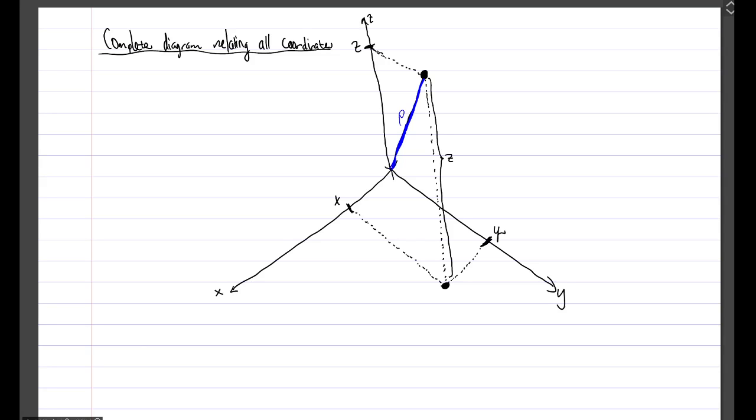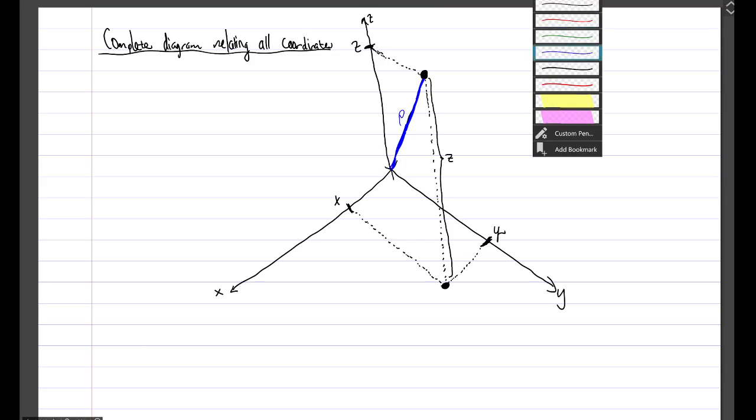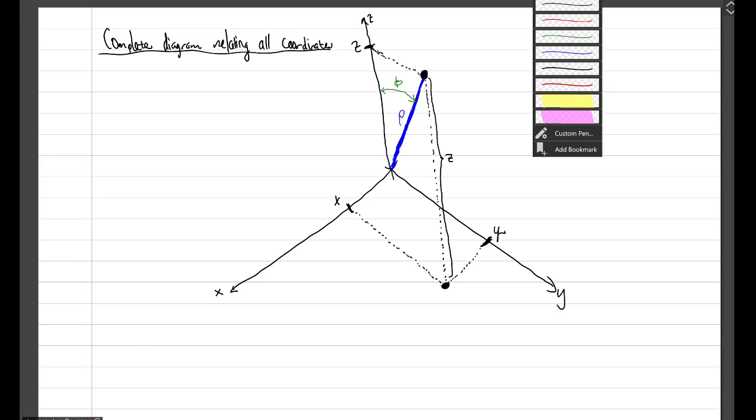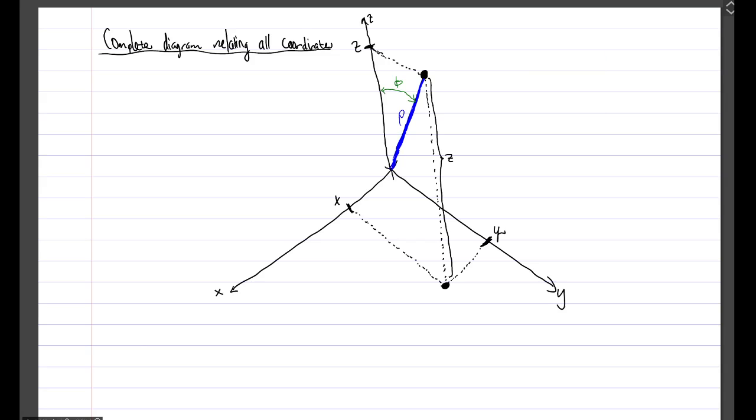Okay, then that same blue line segment that we've drawn in thick here creates an angle with the positive z-axis. So I could label that right here, and that angle this way is phi. Also, in the xy plane itself, I'm just going to draw from the origin to the point that's directly below this point up here.